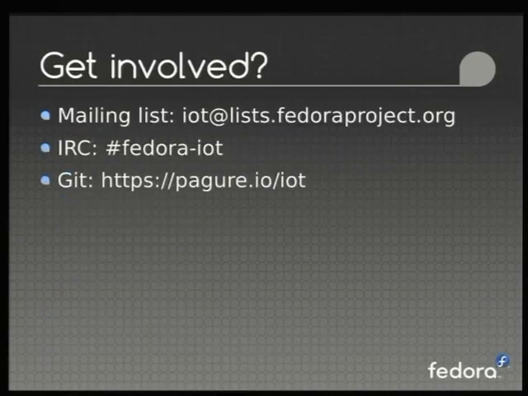So how do you get involved? At the moment, we've got a mailing list and an IRC channel. The Git repository has all the Atomic bits that we're using to build the image. And in the next few days, we'll start to generate a nightly Rawhide OS Tree, which I'll send the details out to the mailing list for people to start playing with.